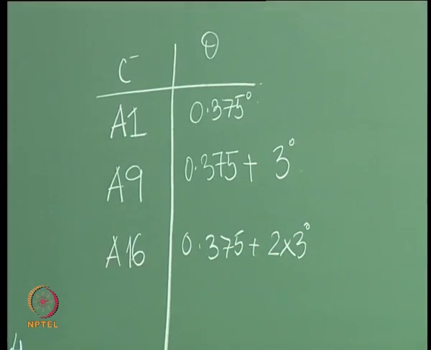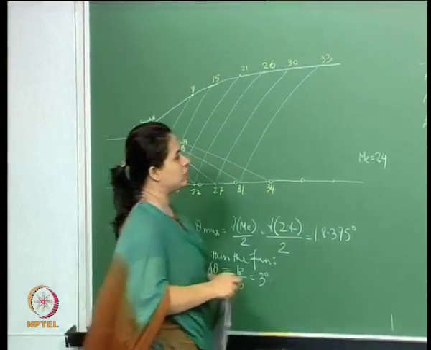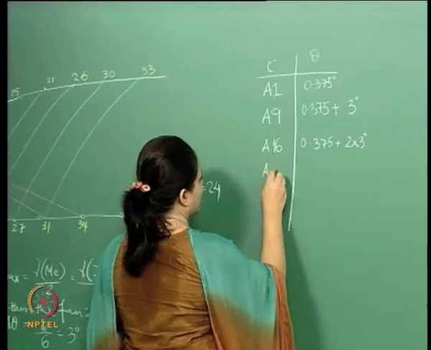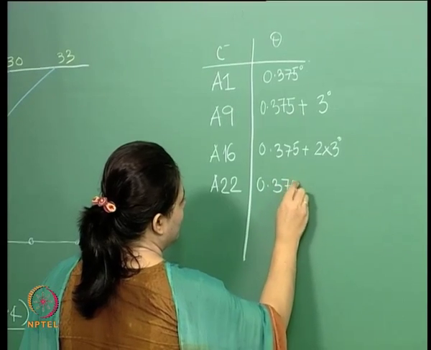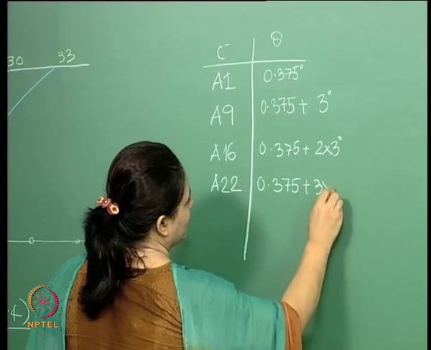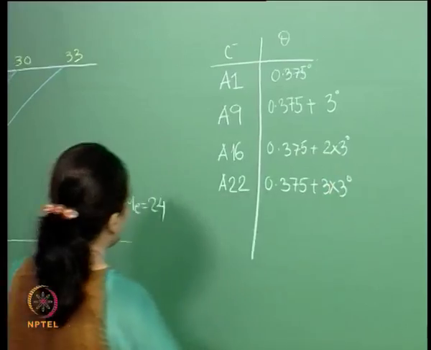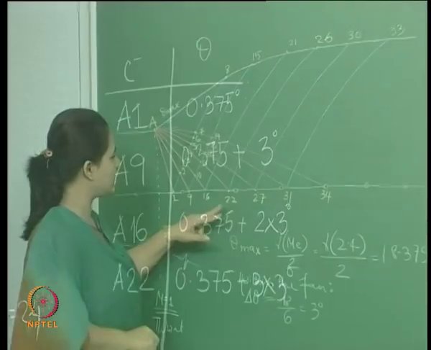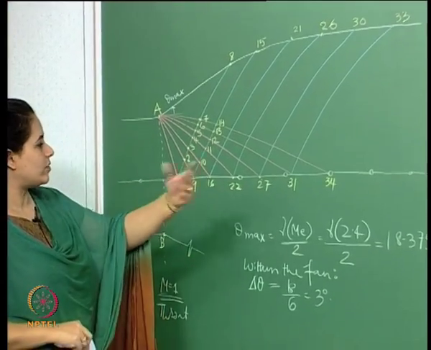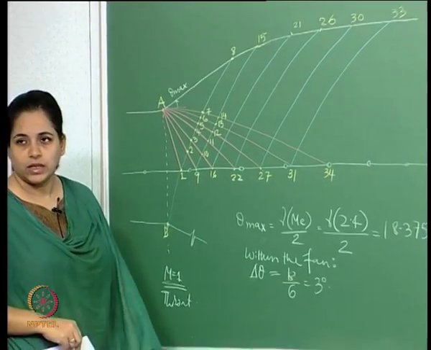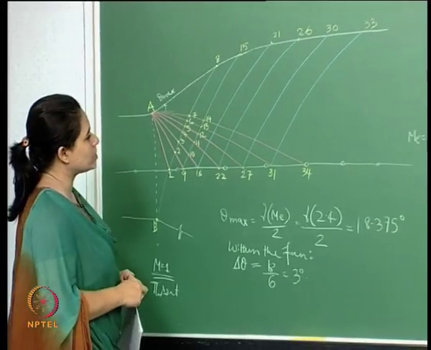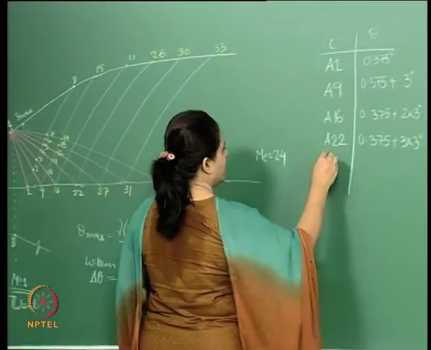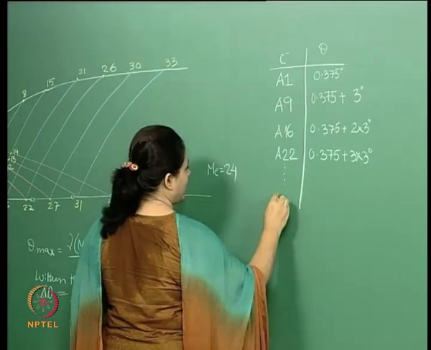Then similarly for say A22, and so on and so forth. Again for say A27, you have 4 times, 5 times, and 6 times. So let's say A34.